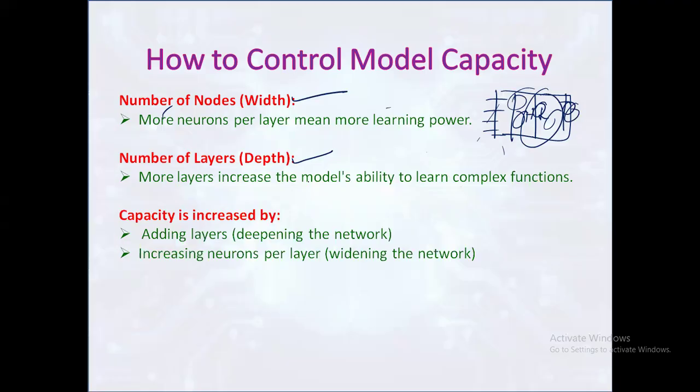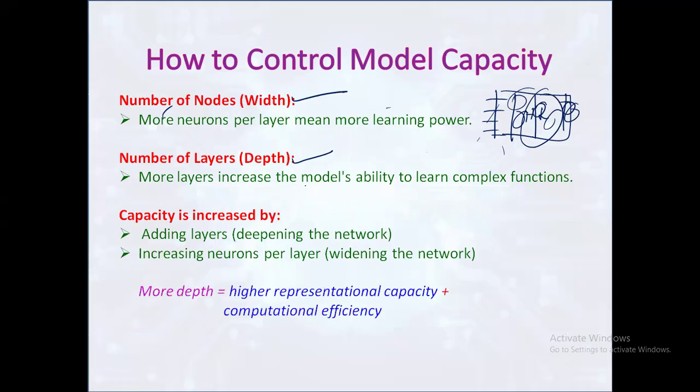To increase the model capacity, one can either add more layers, that means depth, or increase the number of nodes per layer, that means width. Both strategies make the model more expressive, allowing it to represent a larger variety of functions.